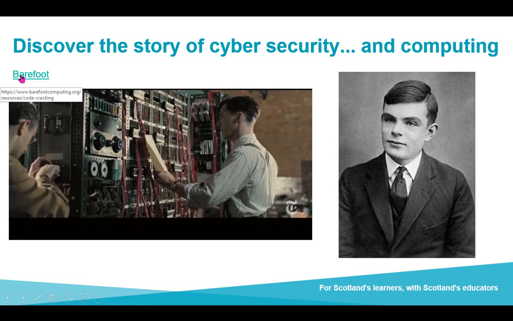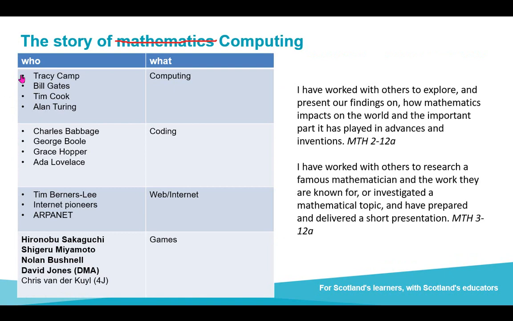And again, Alan Turing is a great example to take forward as someone who was important to computing, and the work that he did was around encryption and decryption, which then leads on to this. These Es and Os about understanding the impact of maths on the world and famous mathematicians.